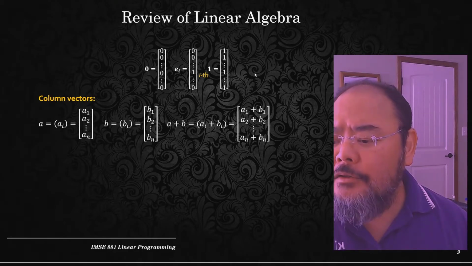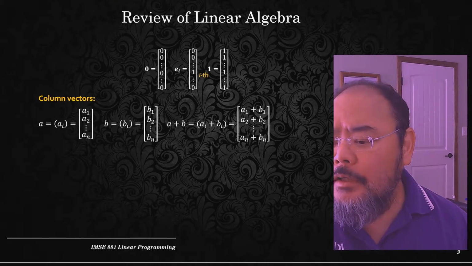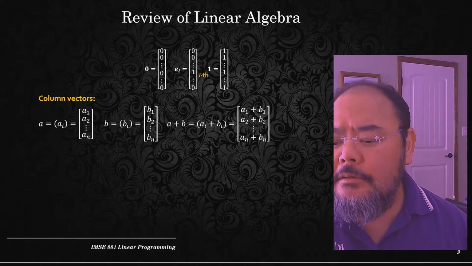A column vector, we can usually represent as A sub i, a column vector A1 to An, and B the same thing.